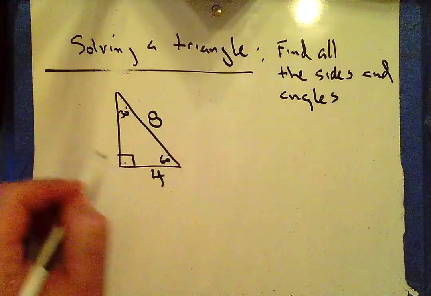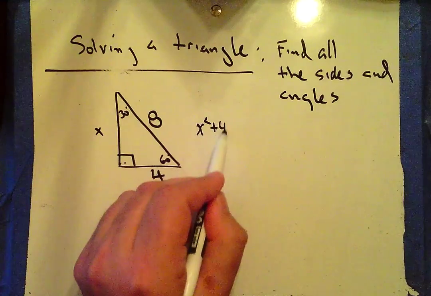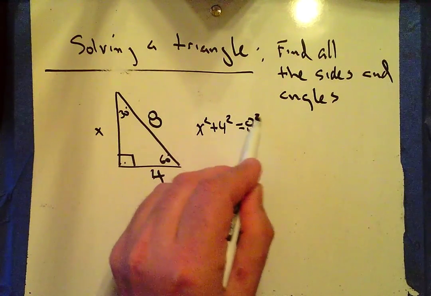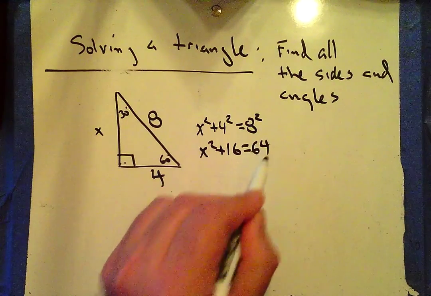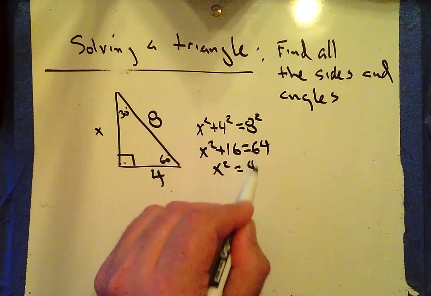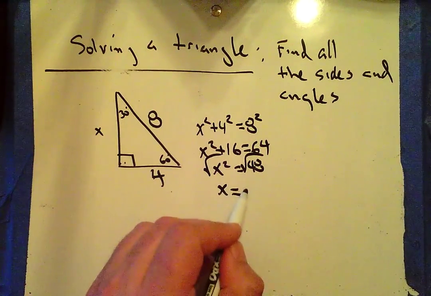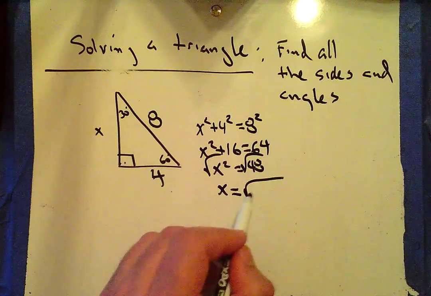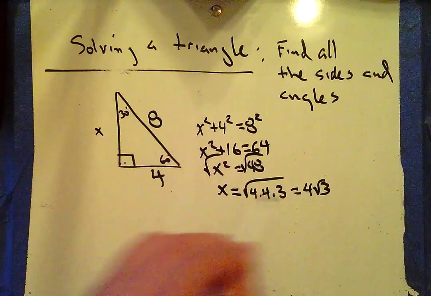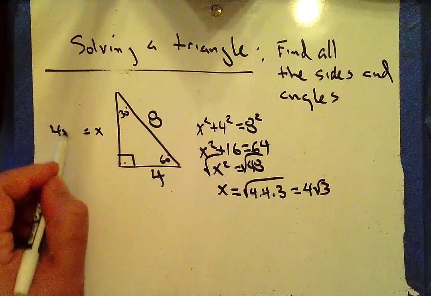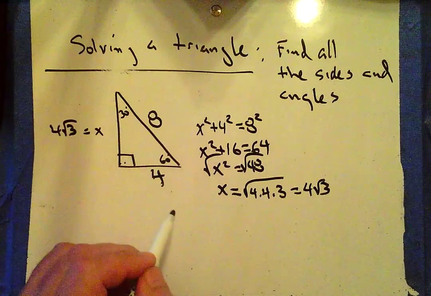And we could use the Pythagorean theorem to find the missing side. x squared plus 4 squared equals 8 squared, or x squared plus 16 equals 64, x squared equals 48. And when we take the square root of both sides, we get x equals the square root of 48, which is 4 times 4 times 3, or 4 root 3. You might remember the shortcut where you multiply the short leg times root 3 to get the long leg.